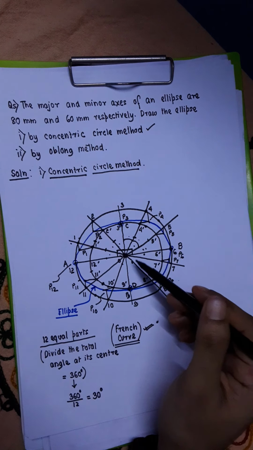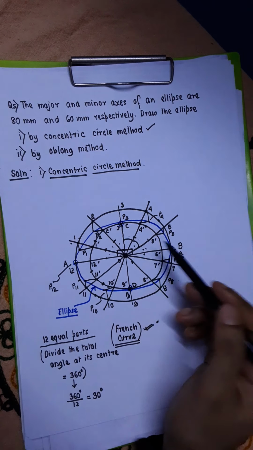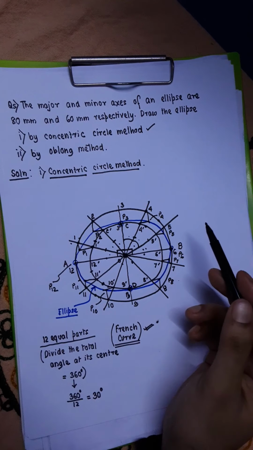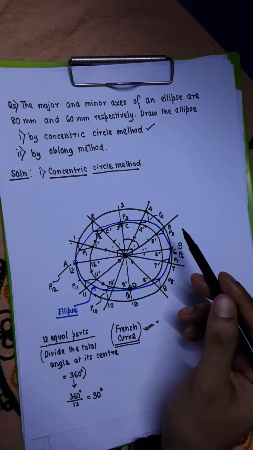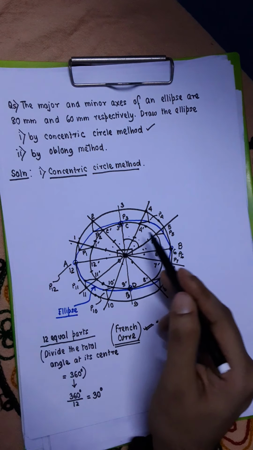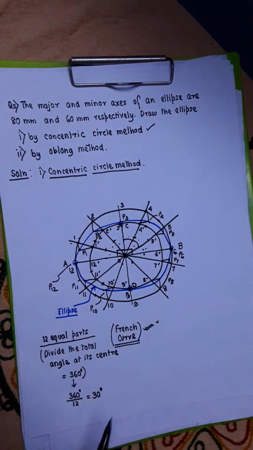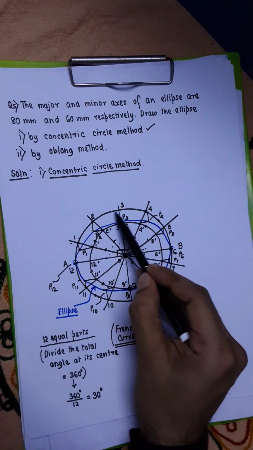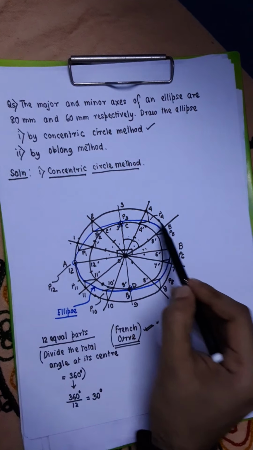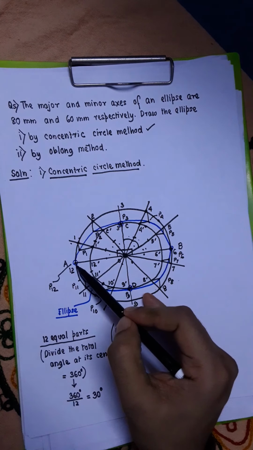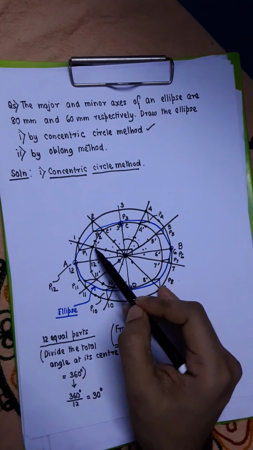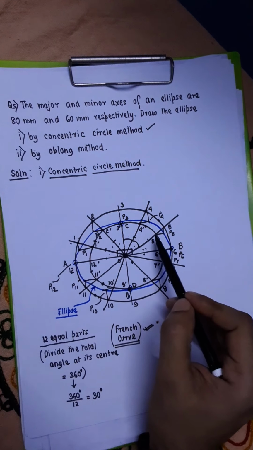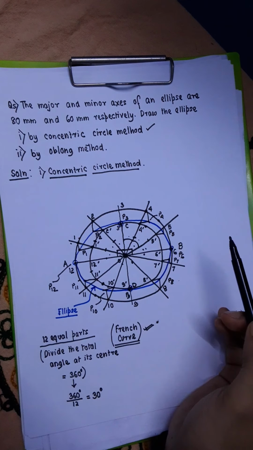After that, we divided both the circles simultaneously into 12 equal parts, each part covering an angle of 30 degrees. We named the division points on the major axis circle as 1, 2, 3, 4, 5, 6 up to 12. And then we named the division points on the minor axis circle as 1 dash, 2 dash, 3 dash, 4 dash and so on up to 12 dash.